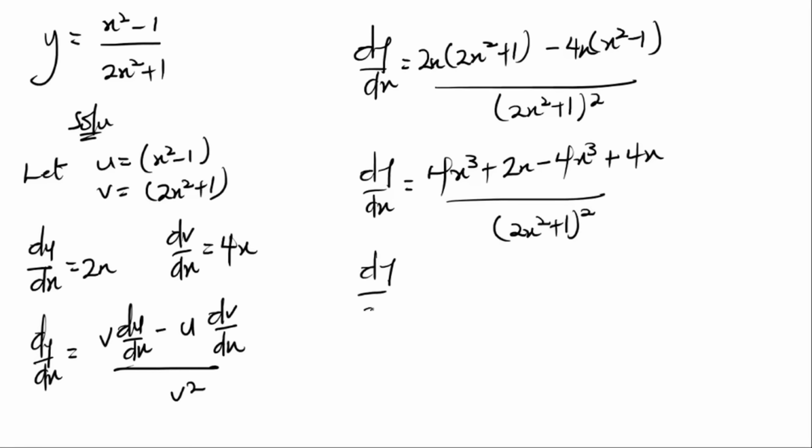So our dy dx becomes 4x cubed, positive here and negative over here, so they both cancel out. So we have 2x plus 4x, and this becomes 6x over 2x squared plus 1 all squared. So this is the solution for the problem x squared minus 1 over 2x squared plus 1, if we differentiate this function using the quotient rule.